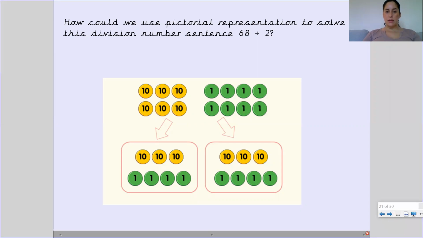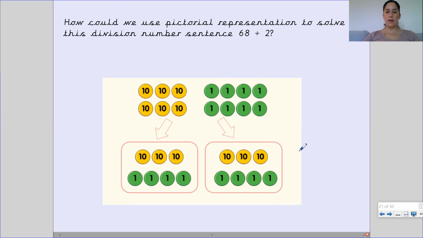I've shown you something here. How could we use, I was meant to cover it, but I forgot, which is fine. How could we use pictorial representation to solve 68 divided by 2? What's happened here?